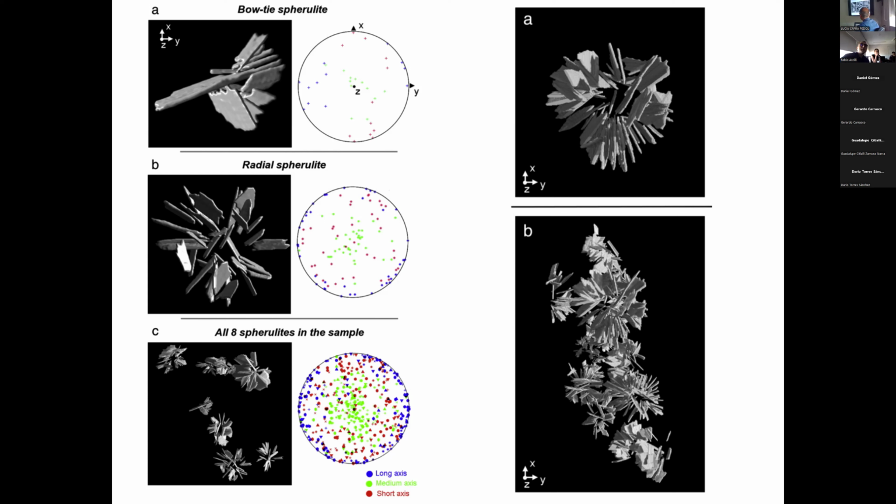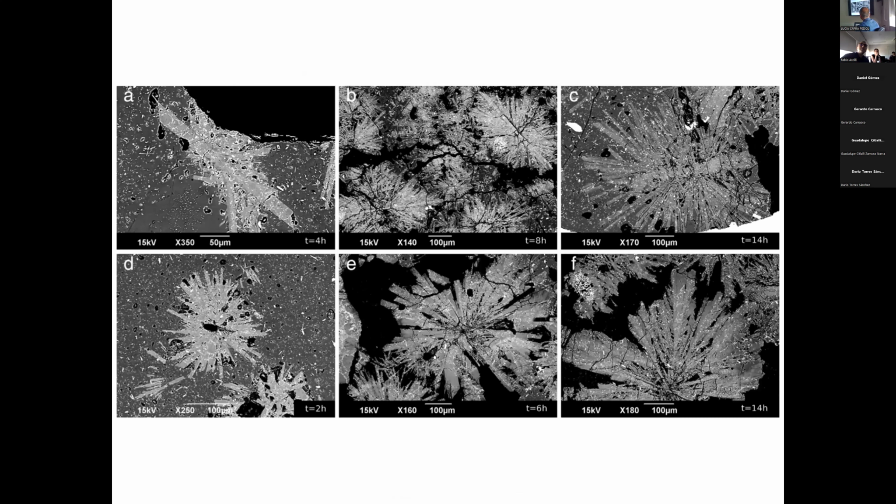So this is in 3D, but you can see also in 2D. So you see there is some persisting crystal, or persisting bubbles. They can form from bubbles.